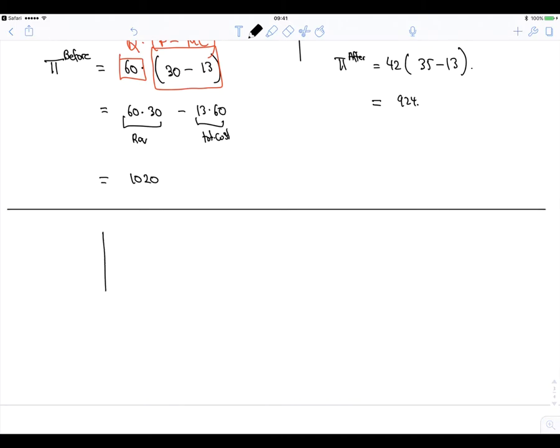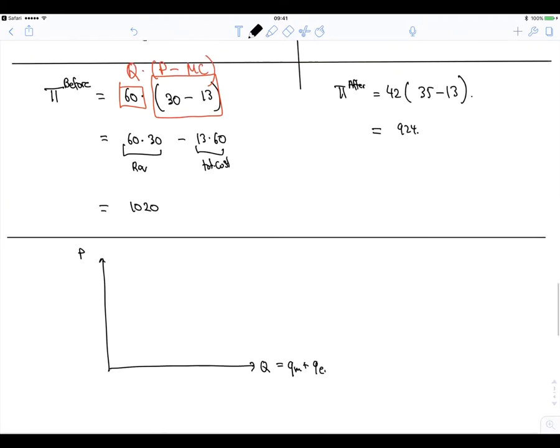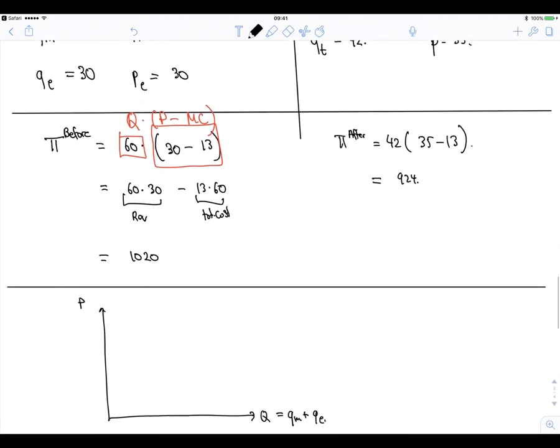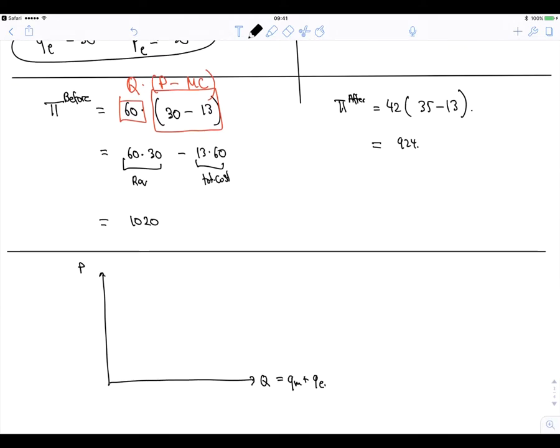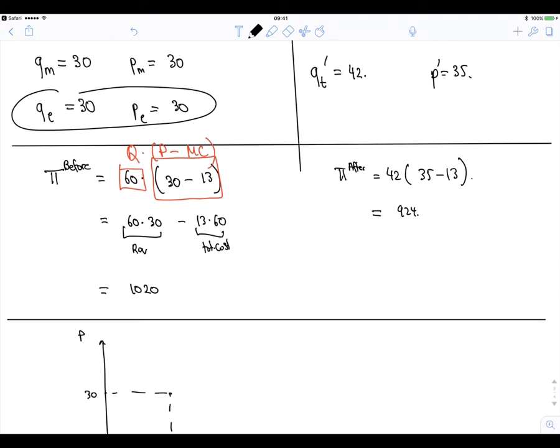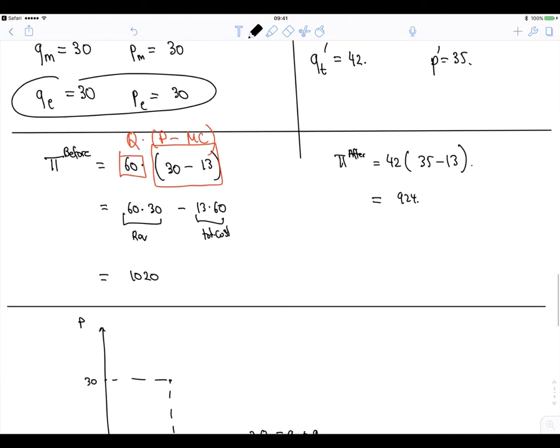So what were you given? You were given quantity and price. This is quantity of math plus quantity of linguistic. You knew that you had a point that was 30-30, so I can draw it here. 30-30. And you know that you got a second point, which was 42-35.